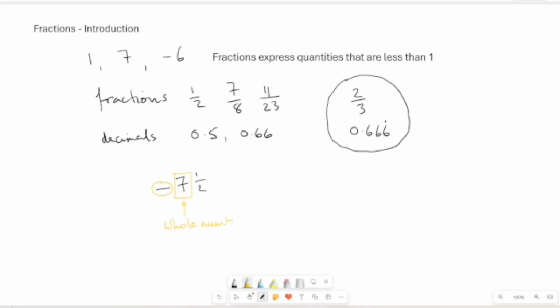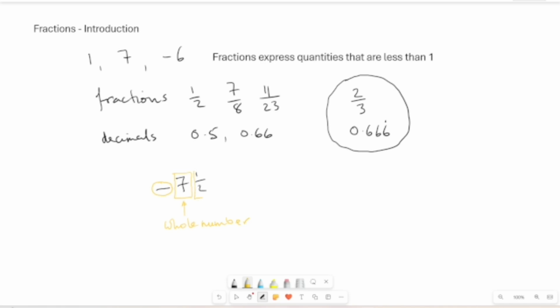And that is not a fractional part, but we may just be expressing a number that is bigger than 7. It would be quite limiting if we could only use fractions to express quantities between 0 and 1, but we can use it to express any quantity, in this case 7.5.